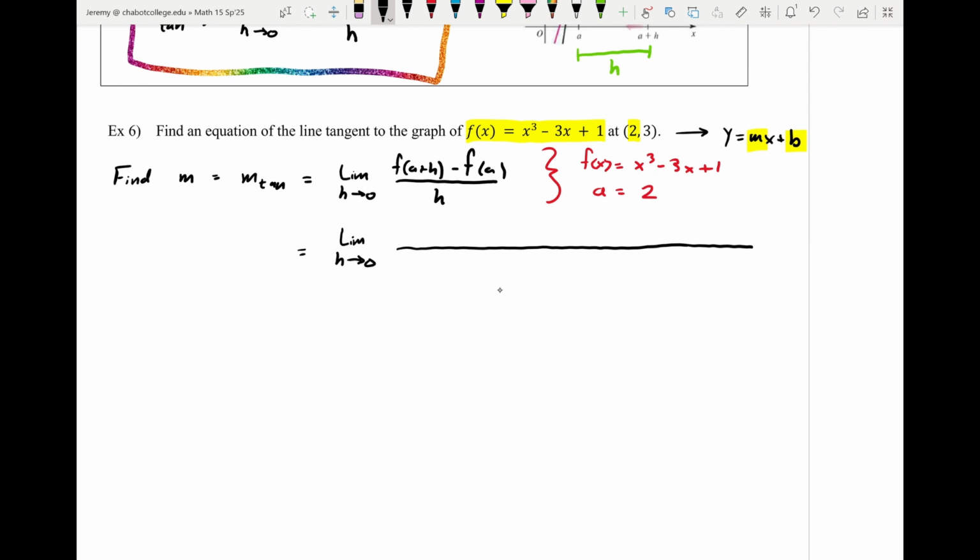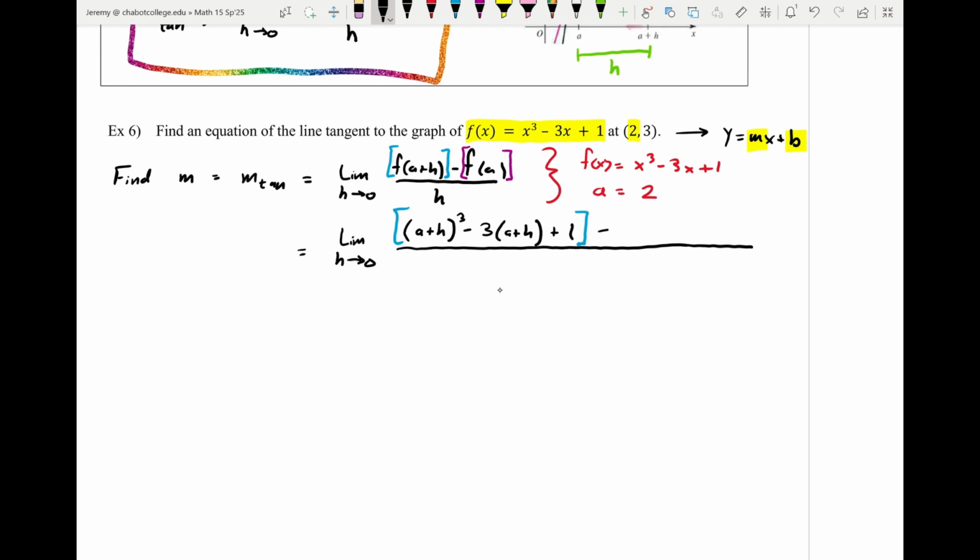Here's what it'll look like. It'll look like (a plus h) cubed minus 3 times (a plus h) plus 1. Okay, and maybe I'll put blue grouping symbols around this to indicate what is coming from where. And then the next term, we're going to do minus f of a, and that's just going to be a plugged in.